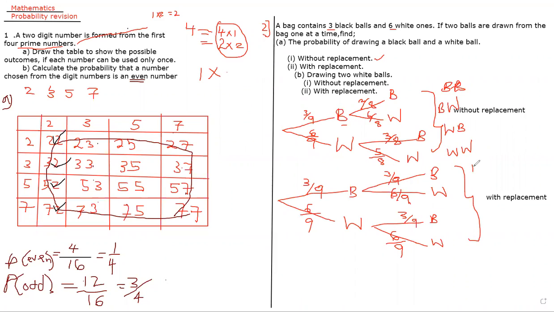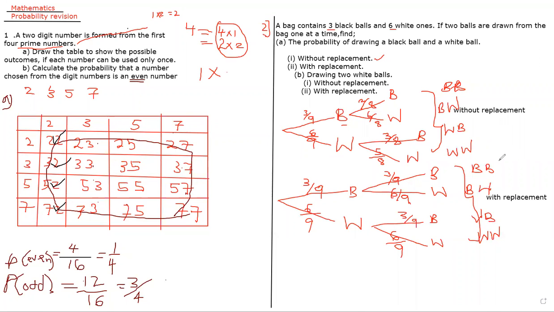This is the third scenario. We can pick black, black. You can pick black, white, white, black, and then white, white.